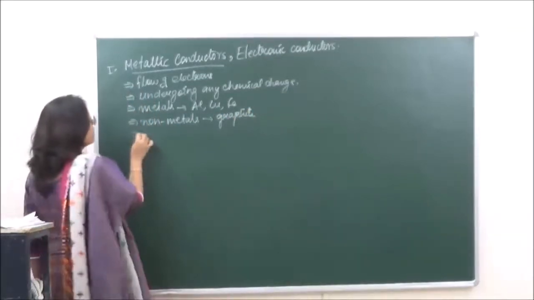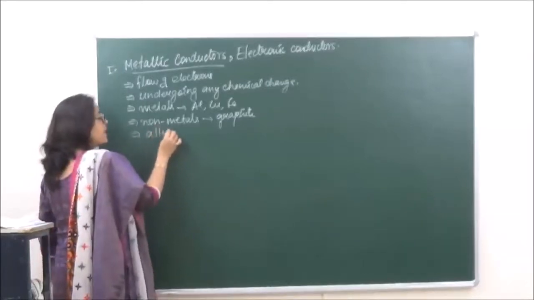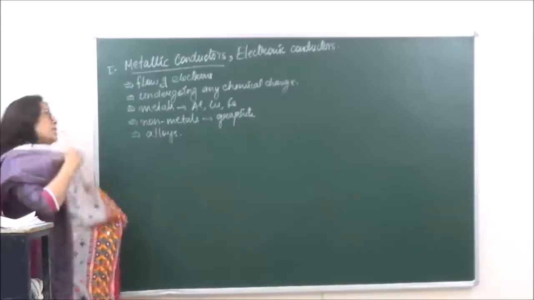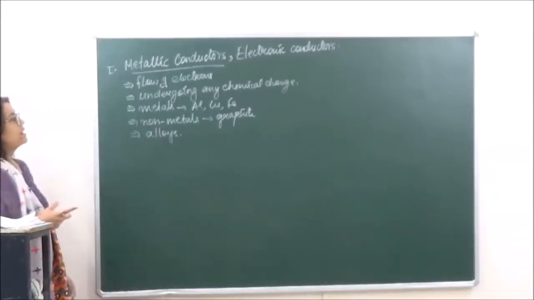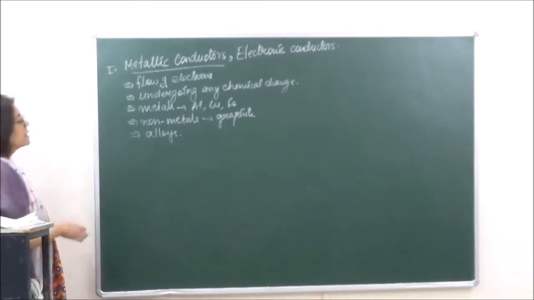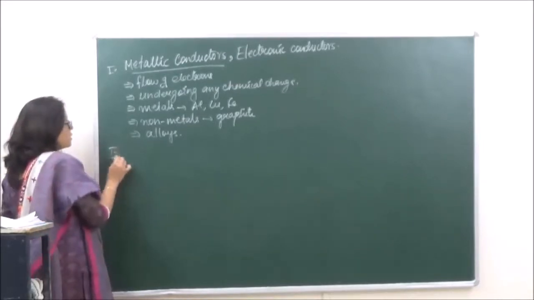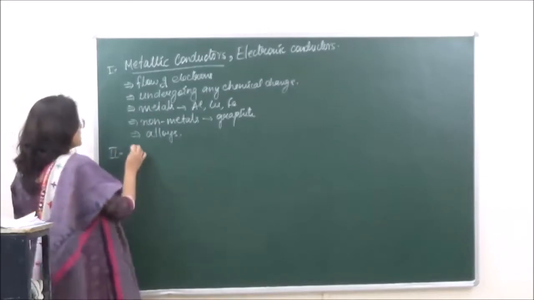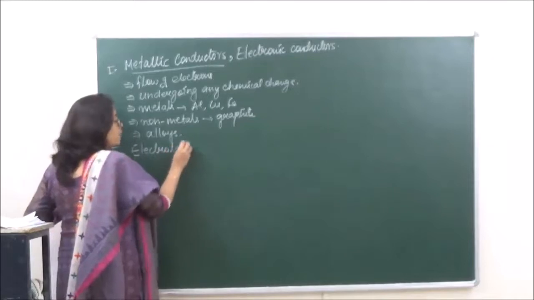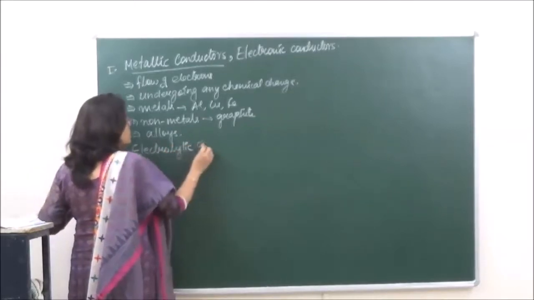And then another example which we can take is that of alloys. There are certain alloys which also conduct electricity by flow of electrons, so they are also known as metallic conductors. The second type of conductors which we have are known as electrolytic conductors.